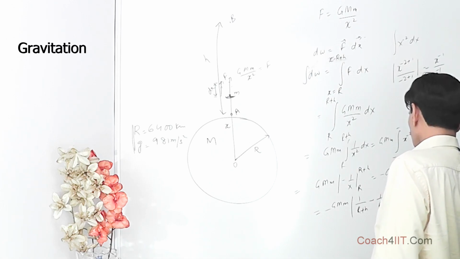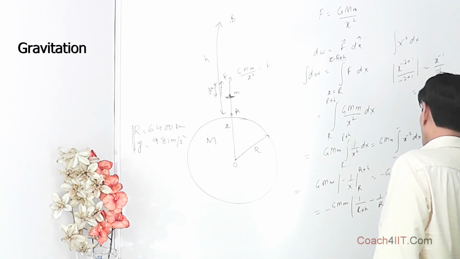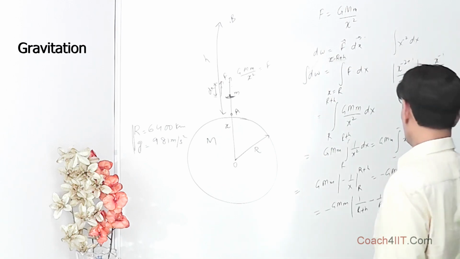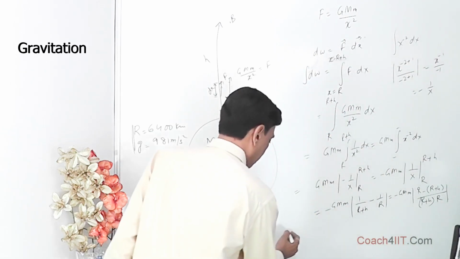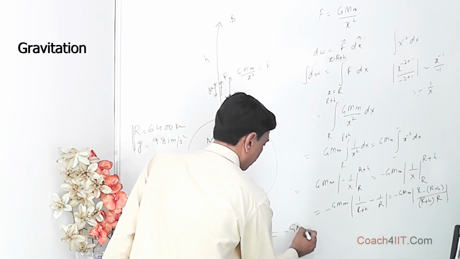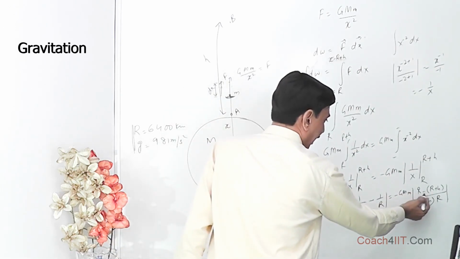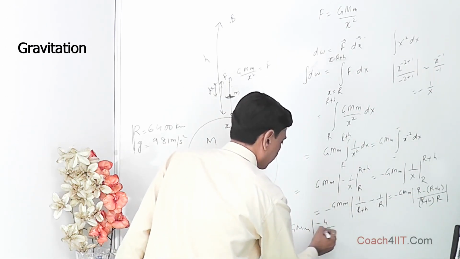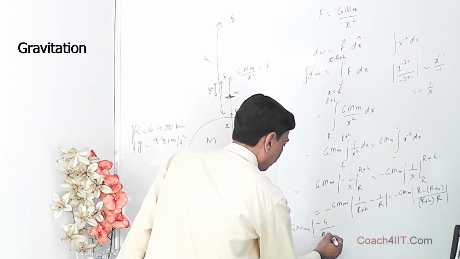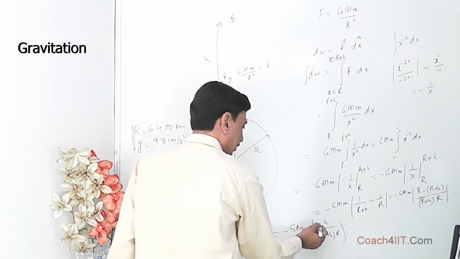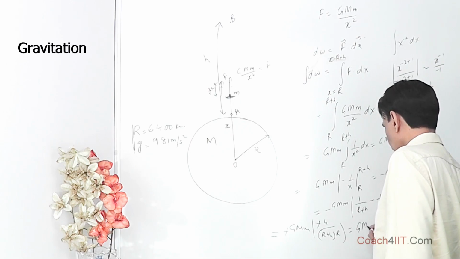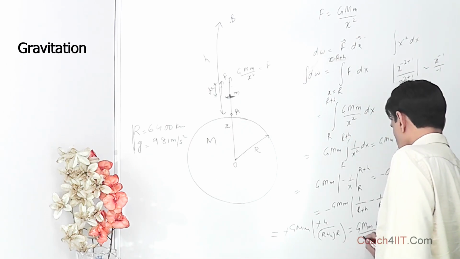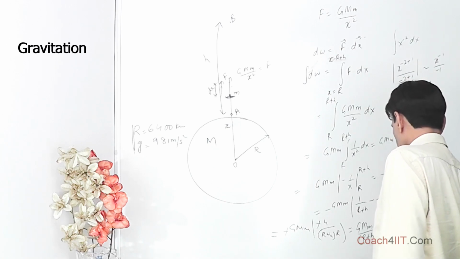So this is minus GMm times r minus (r plus h) over (r plus h) into r, which is minus GMm times minus h upon (r plus h) into r. This minus and this minus go off, so this comes out to be GMm h over (r plus h) into r.